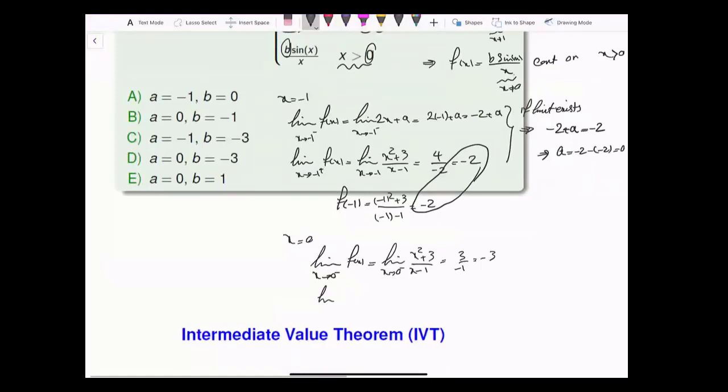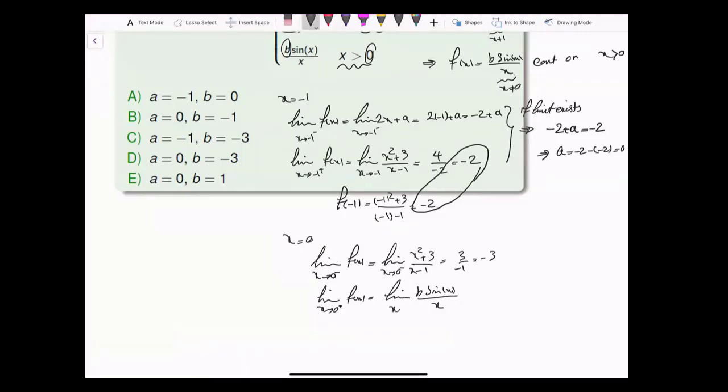How about the limit as x goes to 0 plus of f of x? This is the limit of b sine x over x as x goes to 0. Well, b is a constant, and then the limit of sine x over x as x goes to 0.